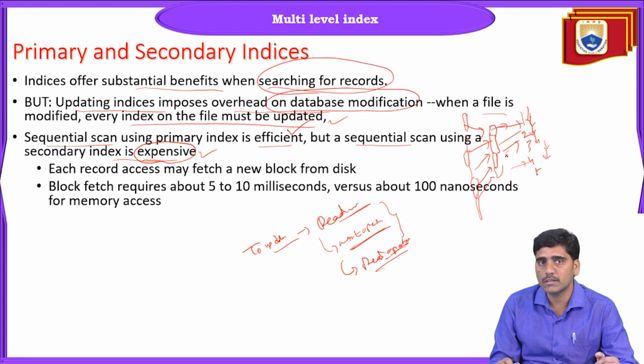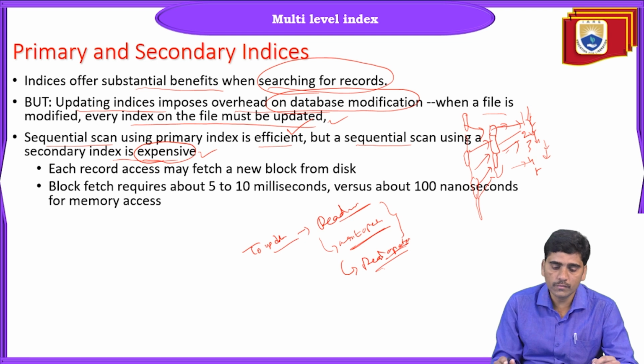That's why secondary indexes are more expensive than primary indexes for sequential scanning.